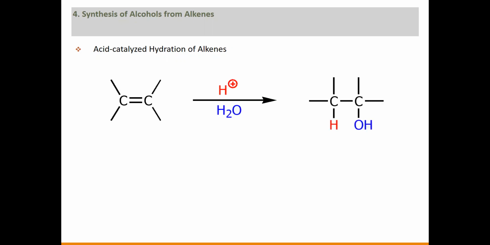We learned that the general reaction to prepare an alcohol is the acid-catalyzed hydration of alkenes. So we add water to our alkene, a hydration reaction in the presence of an acid, and you always get the alcohol, ROH. Of course, this kind of reaction follows Markovnikov's rule.